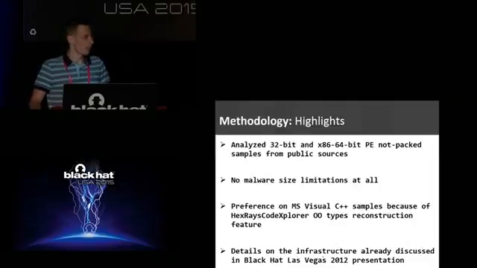We explicitly put our preference on malware written in Microsoft Visual C++ because of the algorithms we were using for this research, because they were mostly working with this platform. That's why we were targeting only Microsoft Visual C++ binaries.